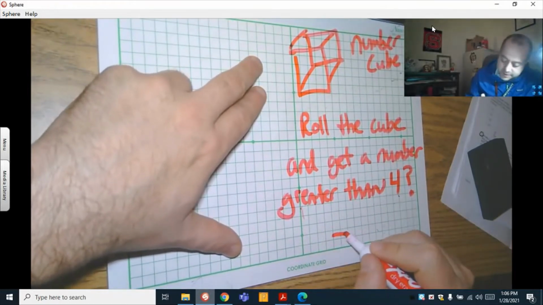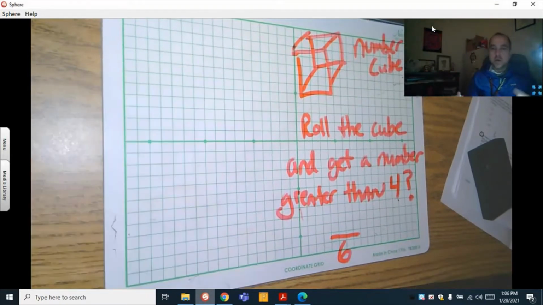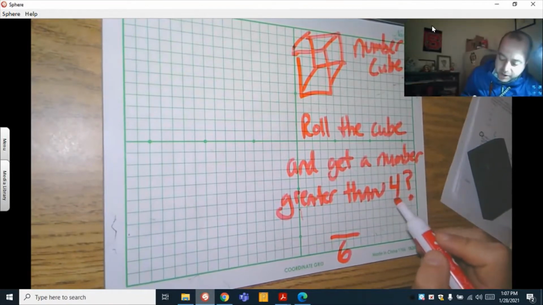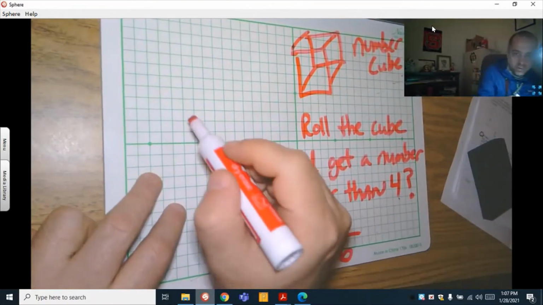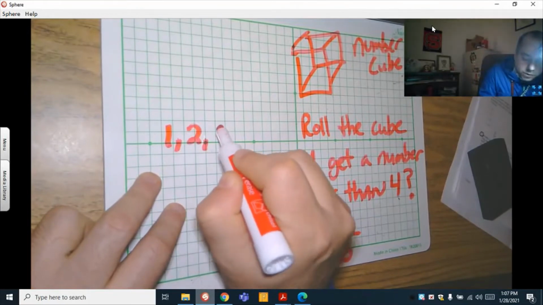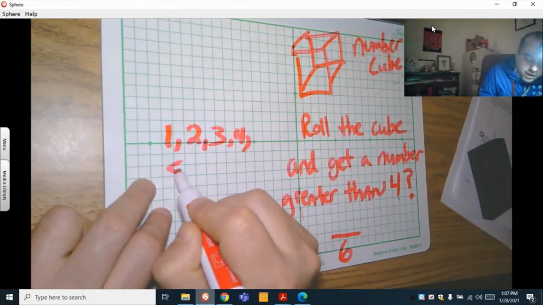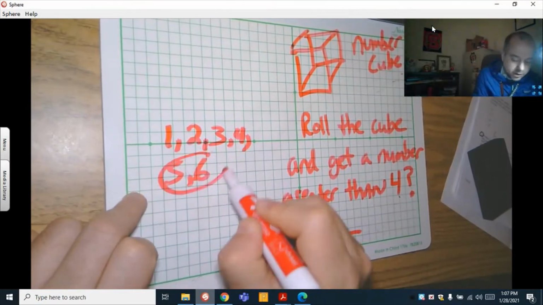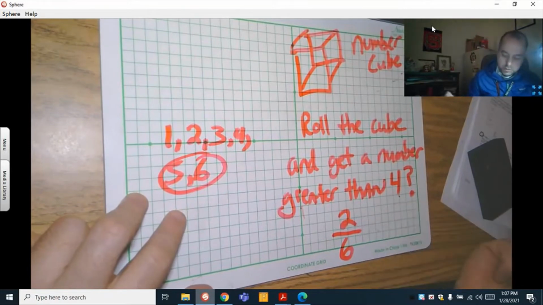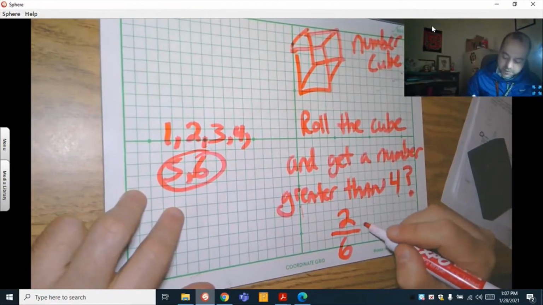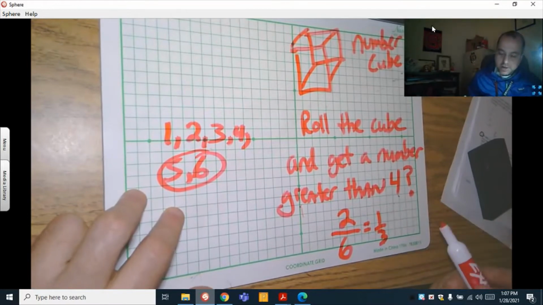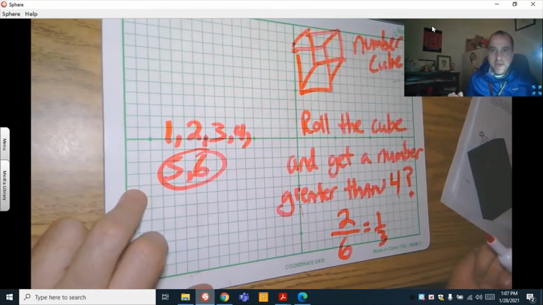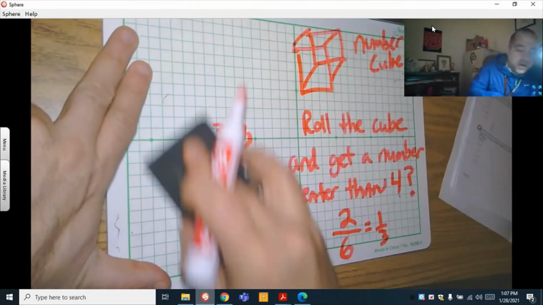So there's 6 numbers on the cube. 1, 2, 3, 4, 5, and 6. That's your bottom number. How many of those numbers are greater than 4? Well, let's just list them out. 1, 2, 3, 4, 5, 6. It's just these two, right? 2 numbers. 2/6 simplifies to 1/3. That's your answer. If you roll the cube, you have a 1 in 3 chance of getting a number greater than 4. Cool. Let's keep going.